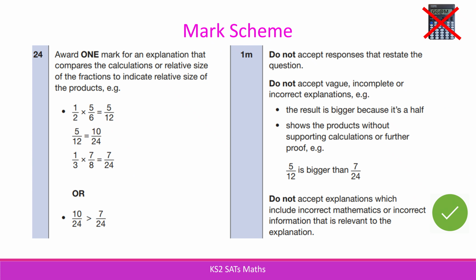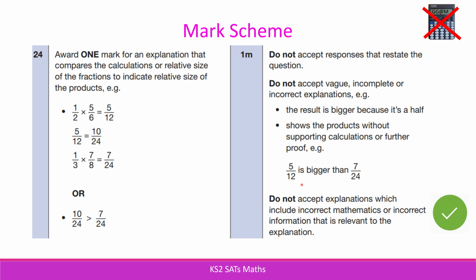The mark scheme shows that you'll get 1 mark for an explanation that shows the comparison of the calculations. These were the two answers we're looking at, 10/24 and 7/24, and you've got to compare them and explain why. You're not allowed an explanation with incorrect mathematical knowledge, or just stating 5/12 is bigger than 7/24.